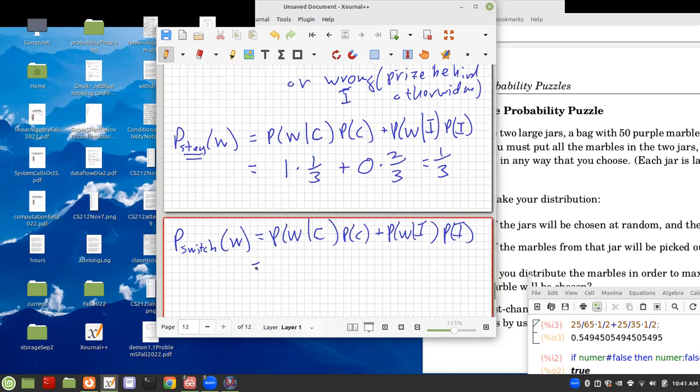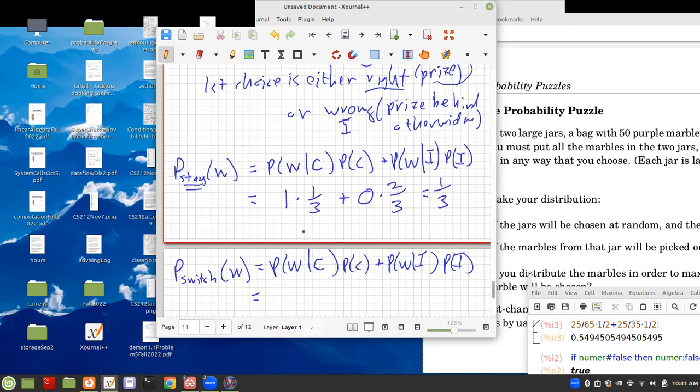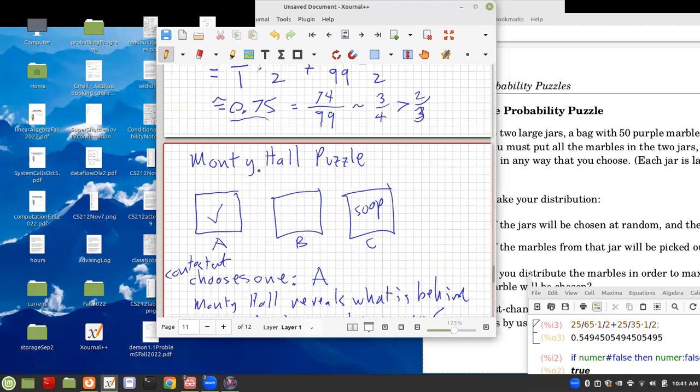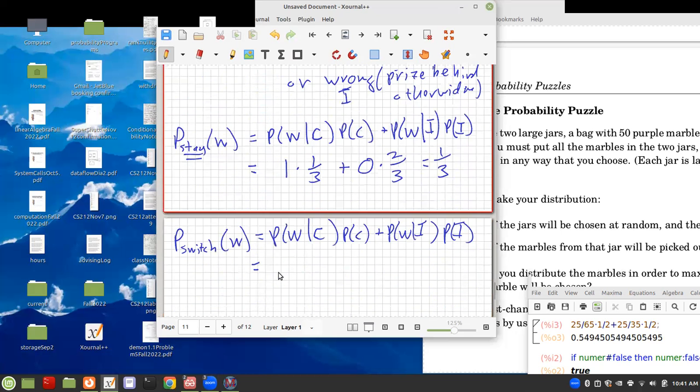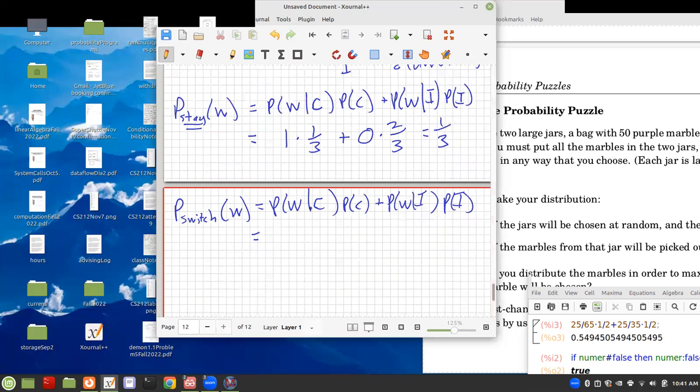If you're correct on the first choice but you switch, you're switching from the prize to a joke prize. So your probability of winning, if you're correct and switching, is 0 times 1/3, plus, what's your probability of winning if you're incorrect?